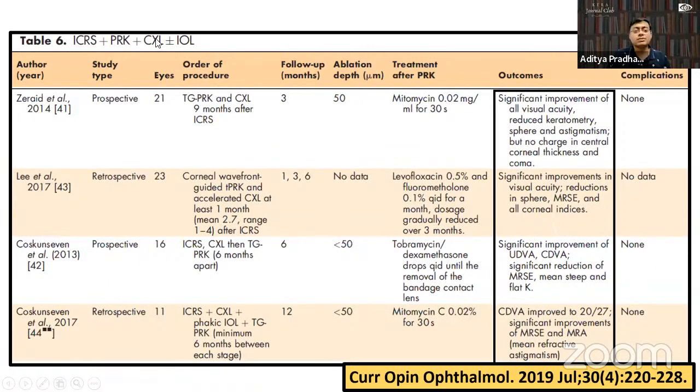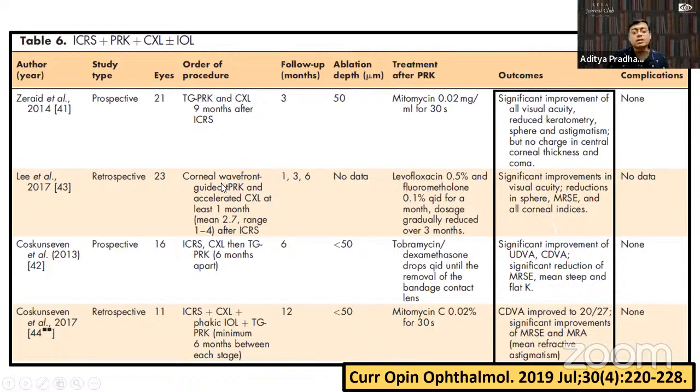Then the other review was on combining intracorneal ring segment with PRK with cross-linking, plus or minus intraocular lens implantation. That was only one study. The order of the procedure ranged from PRK and CXL, which was done 9 months after the ring segment implantation.